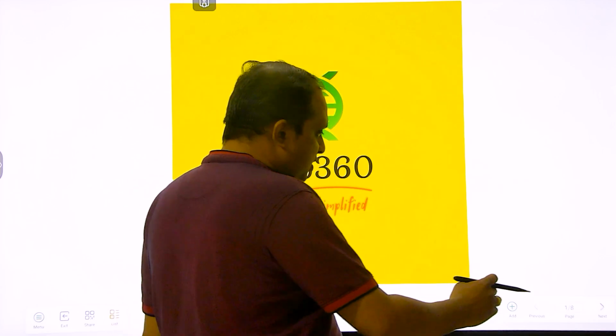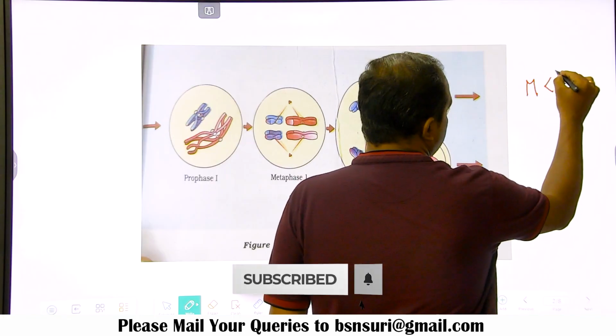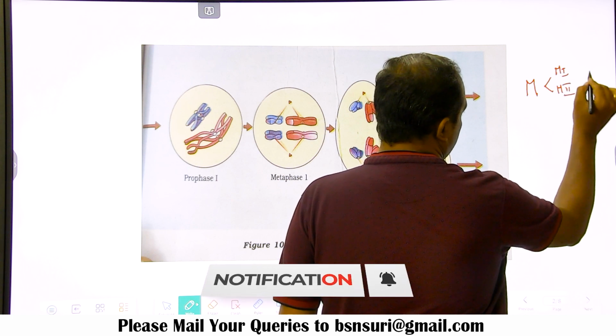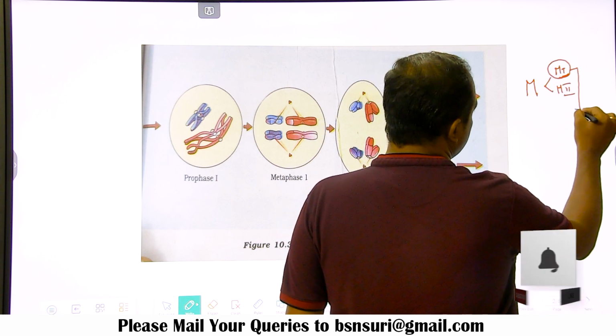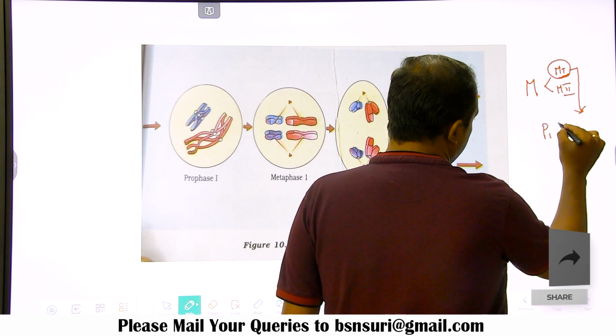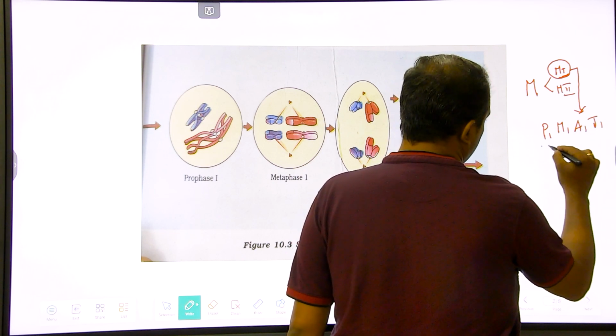So as I have said, meiosis is divided into two phases, that is meiosis 1 and meiosis 2. This meiosis 1 is further divided into prophase 1, metaphase 1, anaphase 1 and telophase 1, right?